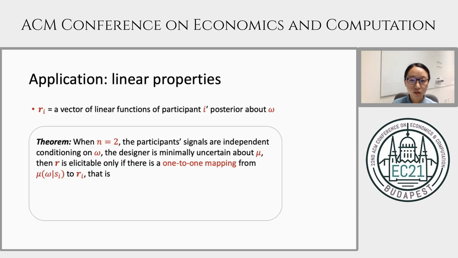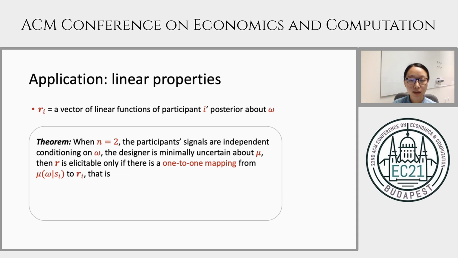We showed that when we only have two participants, their signals are independent conditioning on omega, and the designer is uncertain about mu, then the only elicitable linear properties are the ones that are equivalent to the posterior itself.